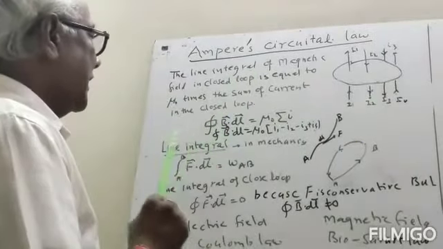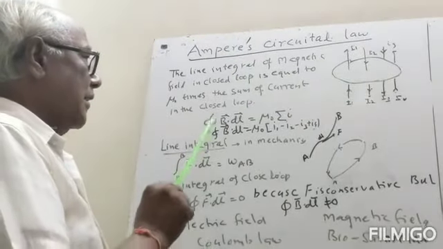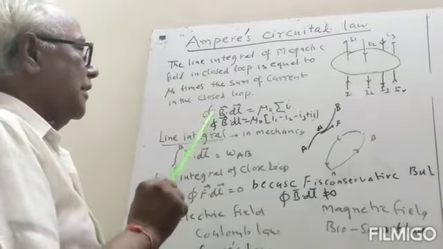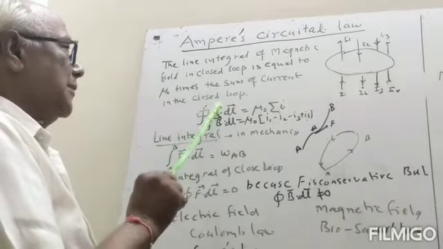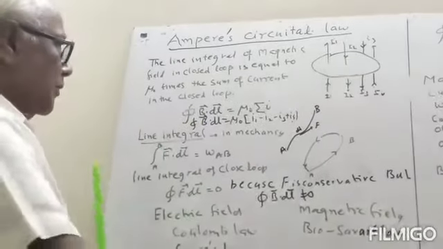So the line integral is written as an integral with a circle, made for the closed path, B dot dl. B is the magnetic field and this is a dot product.